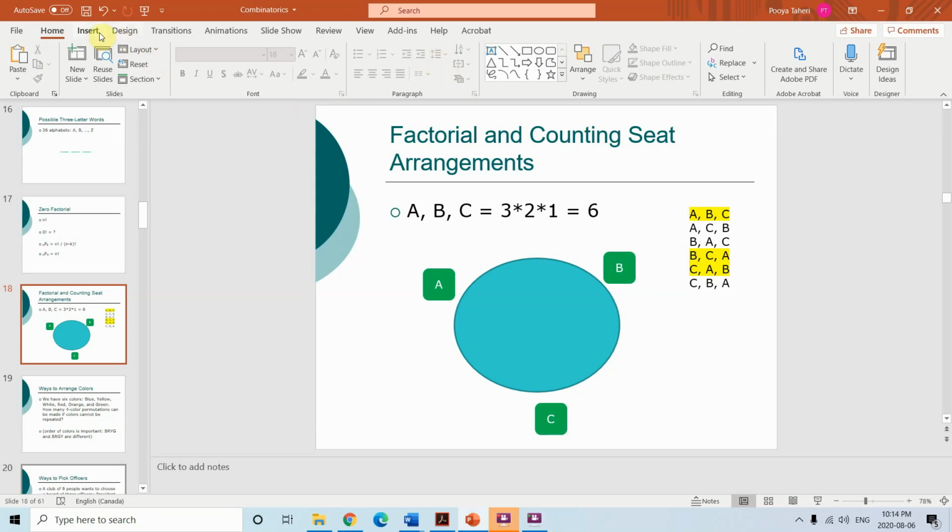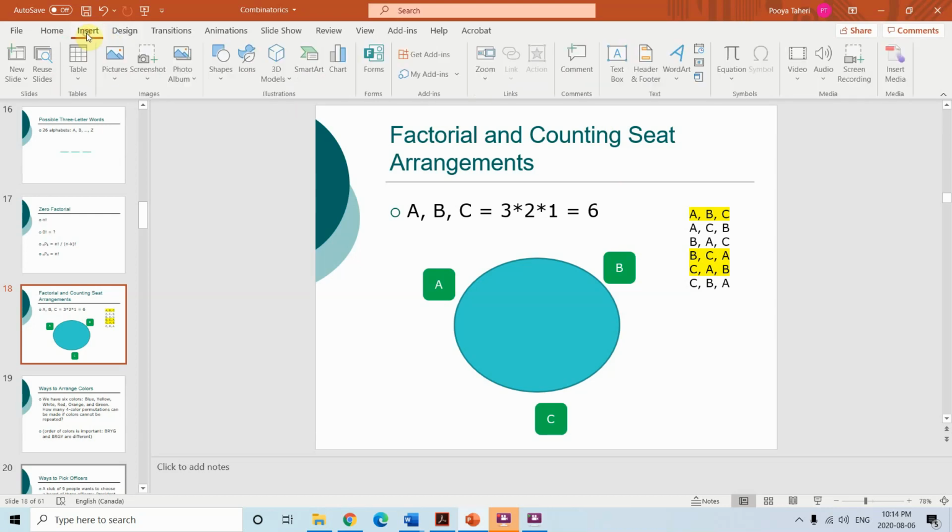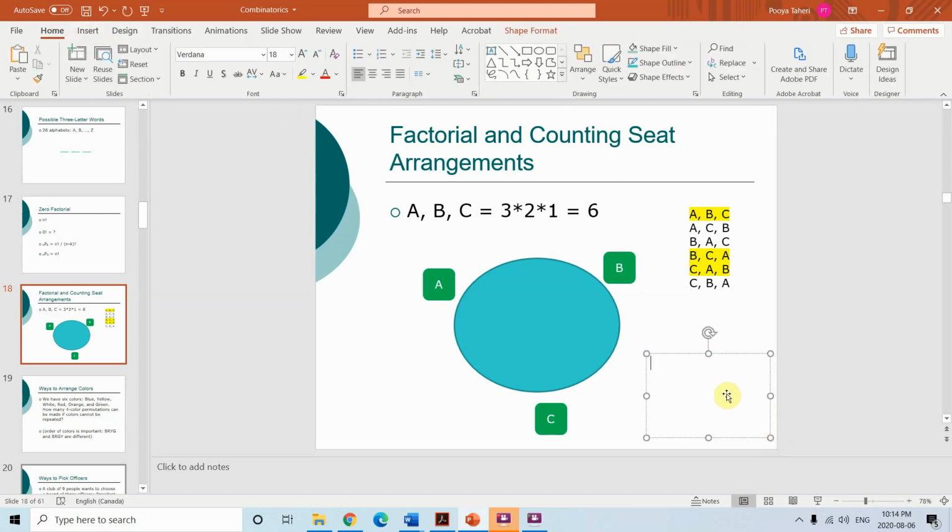For circular permutation, we basically have to divide this by R. In this case, R was 3.